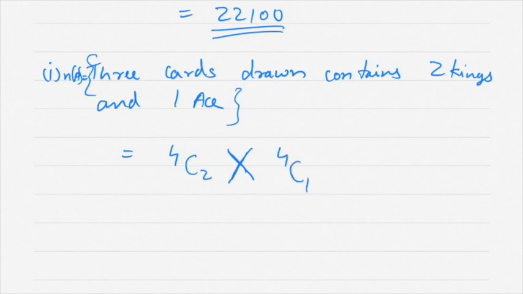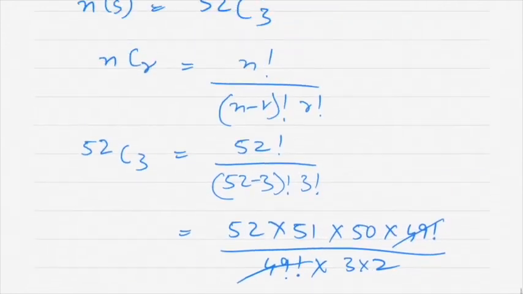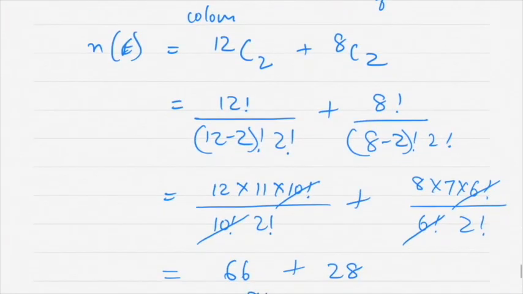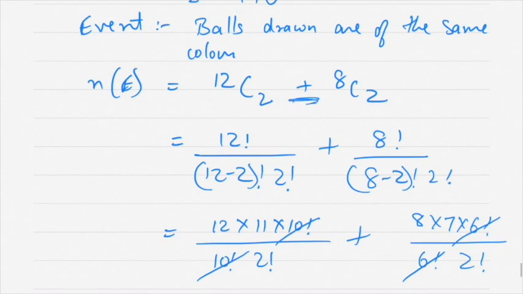So 4C2 and 4C1, correct? So you have to solve this. Here there is a multiplication sign. Why? Because there are 3 cards, and 2 are king and 1 is ace. Right? In the previous question, we were adding it.